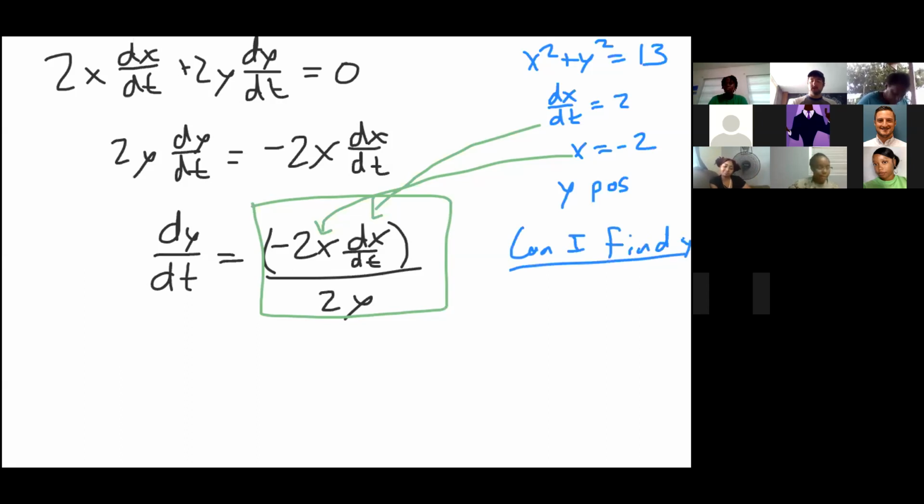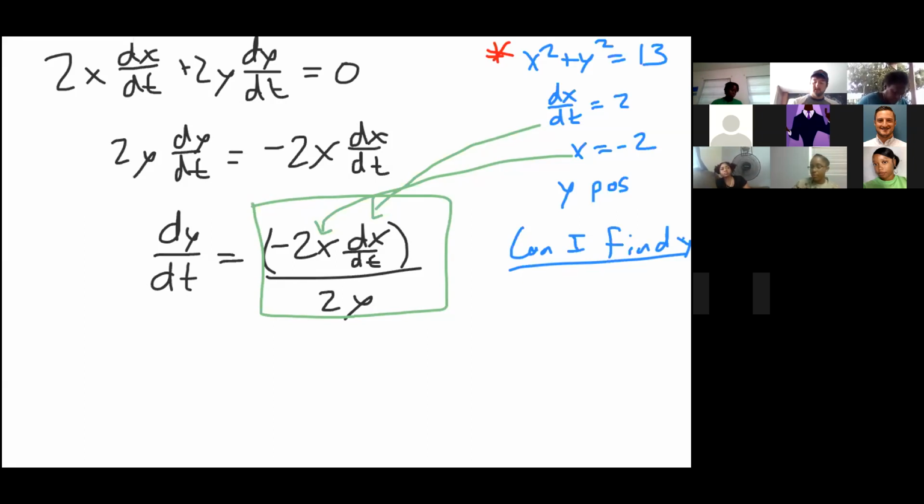What equation will I have to use to find the value of y? All I need to do is use that initial equation that we were given. That tells me how my x and y's are related. I'm given the value for x, which means I could solve for the value of y.